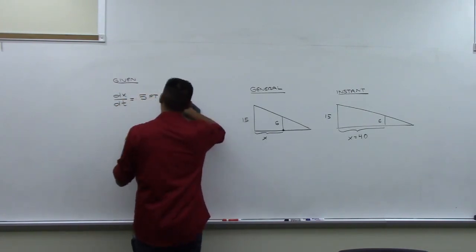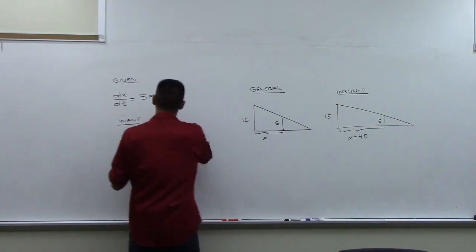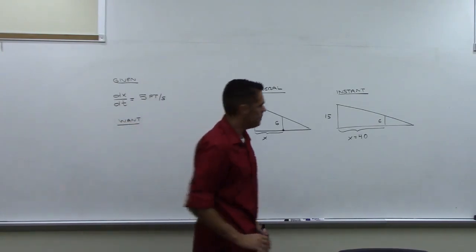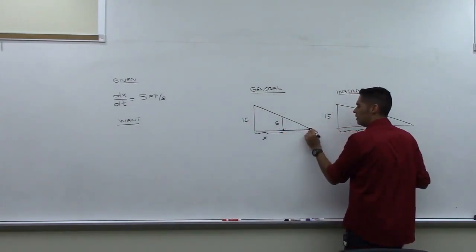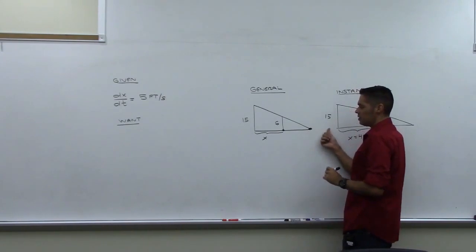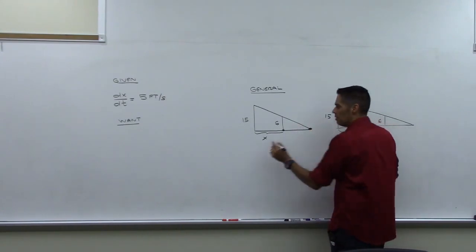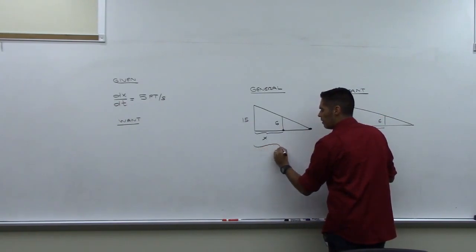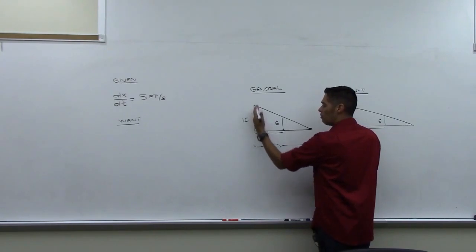I'll just put s. We want to know how fast the tip of his shadow is moving. So the tip of the shadow is right here, and it moves down this direction as he moves. The important thing though is we want to know its speed relative to a fixed object, the pole, right?